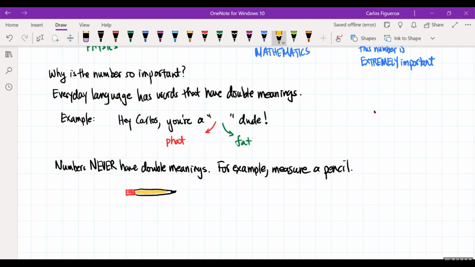Then you come in with your ruler. When you use this ruler to measure, you find out that the length of this thing is 6 inches.